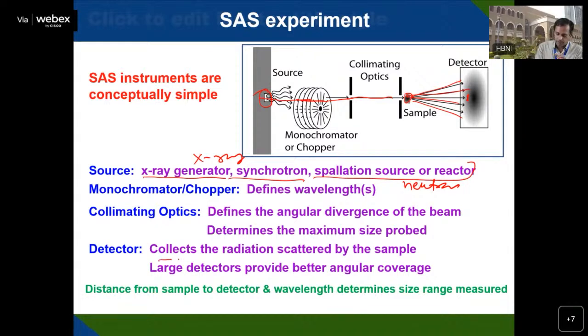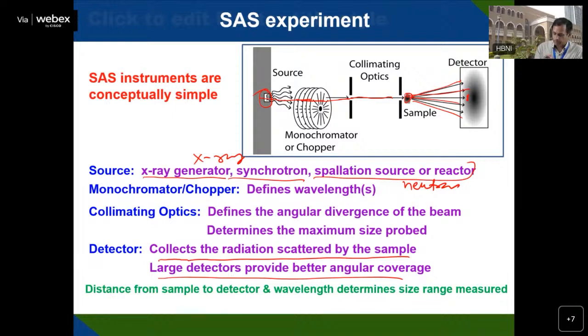Then the detector collects the radiation. In small angle X-ray scattering you generally use a 1D detector, a CCD (charge coupled detector), or a photographic film type detector, so you have 1D or 2D detectors.